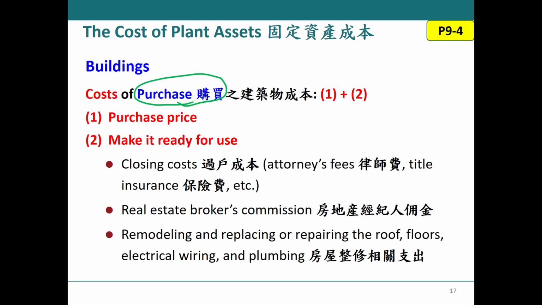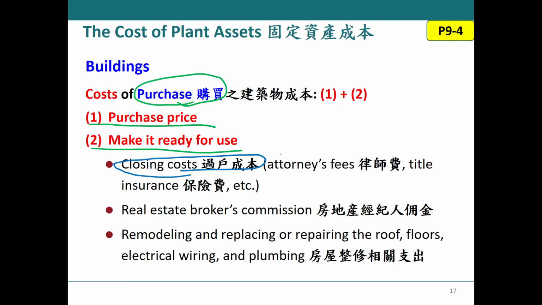One is easier, when you buy the buildings. So I find the office, the buildings I like, I just buy it. So it's quite simple, like the previous assets, 1 plus 2. So what's 1? Like your land, purchase price, right? 2, make it ready for use, including closing cost, 过户成本.